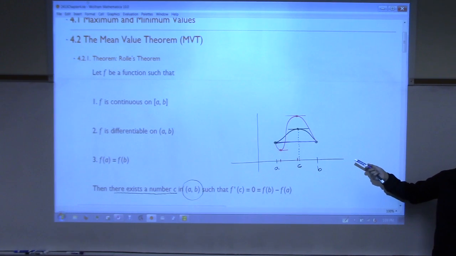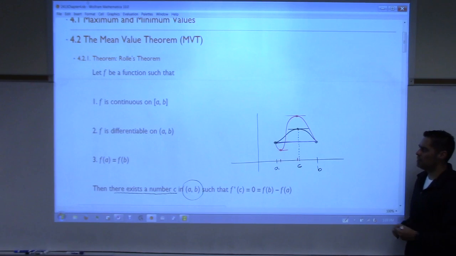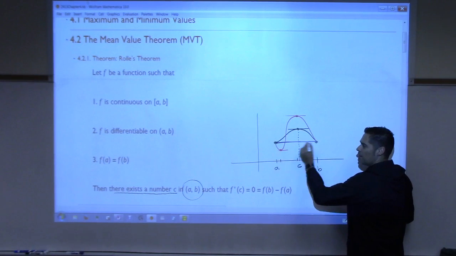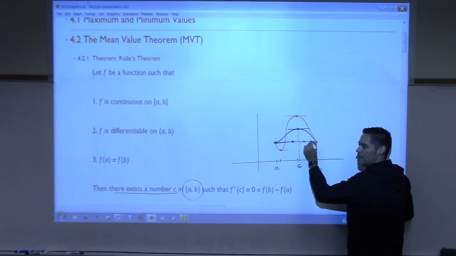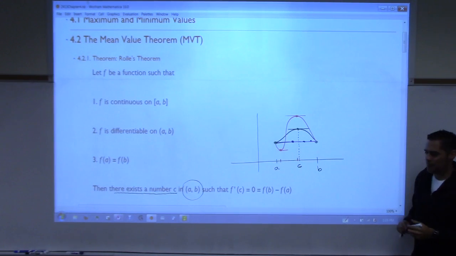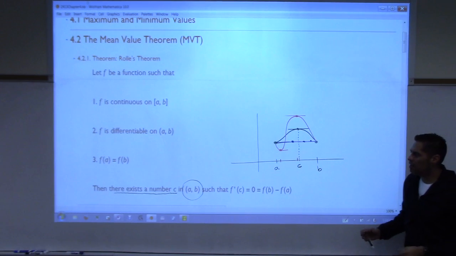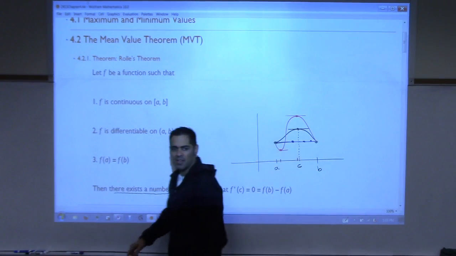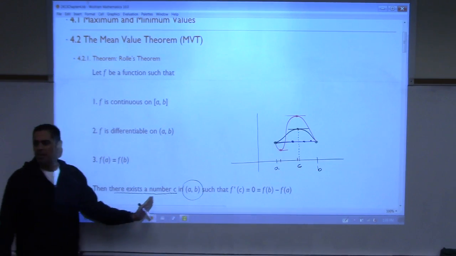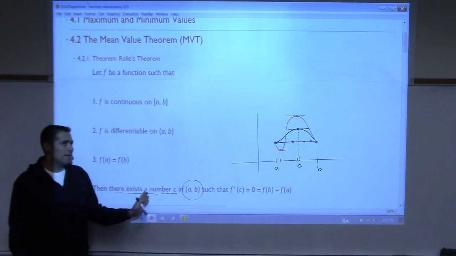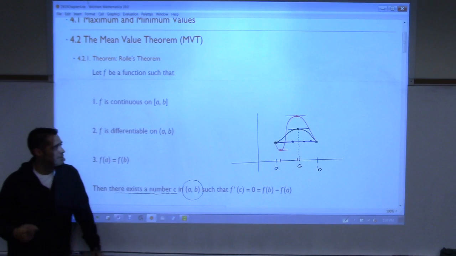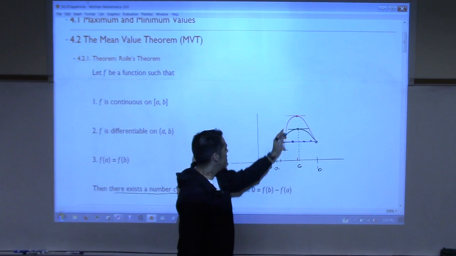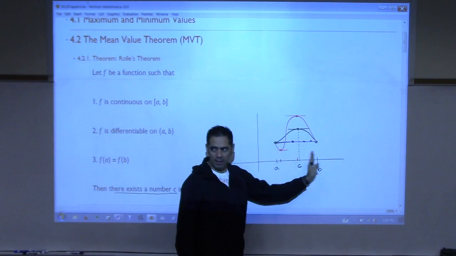That's differentiable. So what's the slope of the tangent line? 0. Where? Everywhere, right? So actually every point would be valid. This theorem guarantees us at least one. It says there exists a c. It doesn't tell us how many there are, but it guarantees the existence of at least one. We might have 2, like the red one had, and it might be an infinite number of points like the straight line.